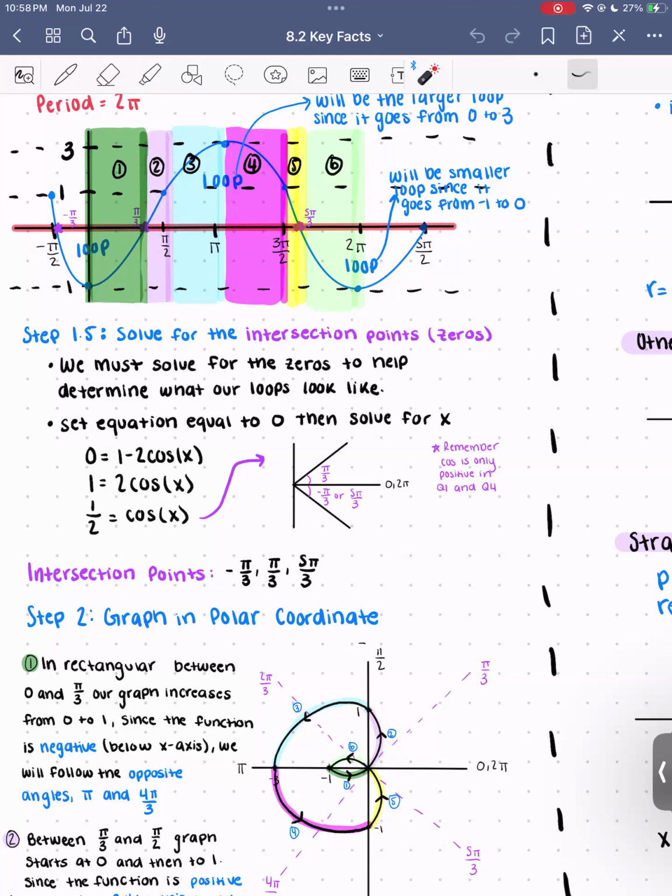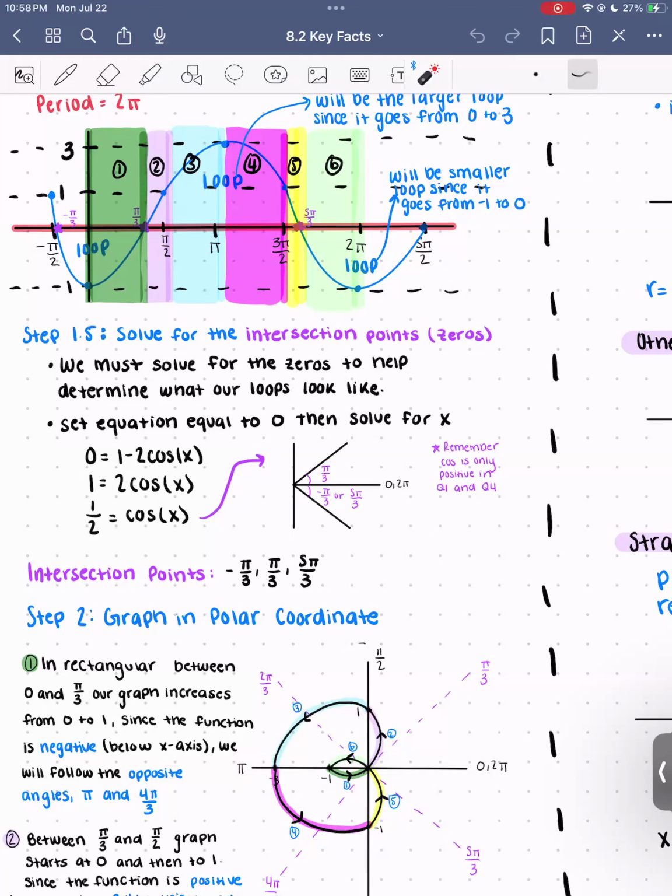We talk about step number 3. We're going from pi over 2 to pi, and we're increasing from 1 to 3. And since this is above the x-axis, we are in our positive distance. So that is the trend we're going to follow. So we have pi over 2, and then we have pi over here, and then we have our 3. So we go this way around, and that's how we get that side.